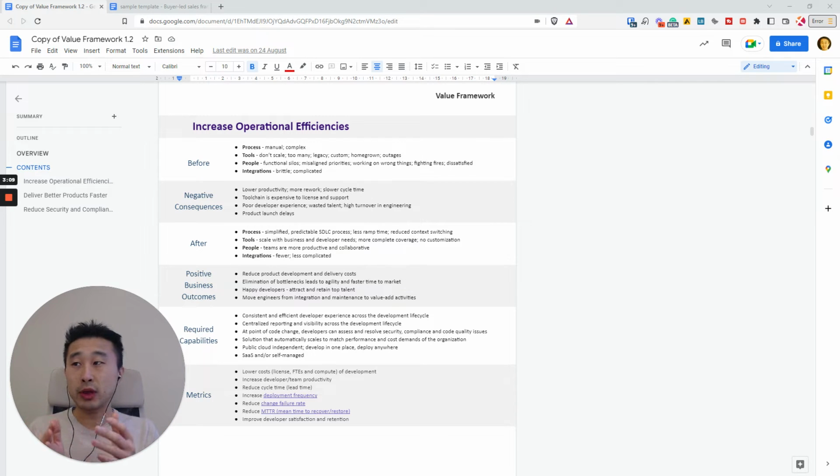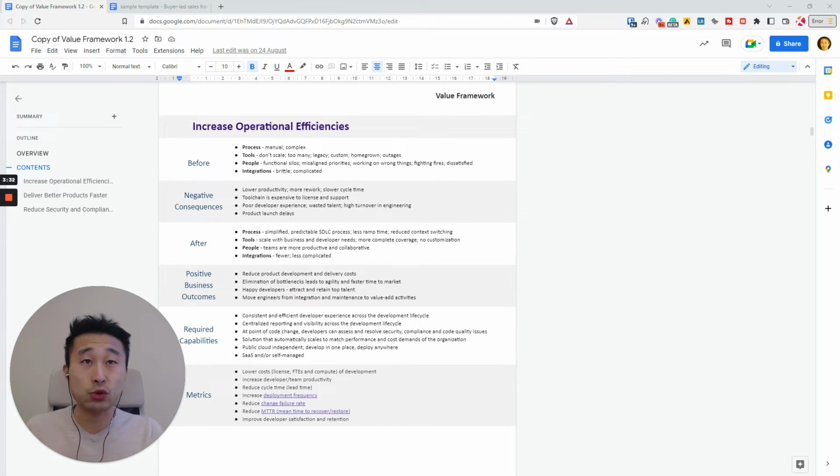Imagine, hey, if you have a tool that can do this, to simplify all the product. I know you need to make some changes. There will be some new things to learn. However, think about this. If you can get a process that is more simplified. If you are an engineering manager, you get a predictable software development life cycle process.